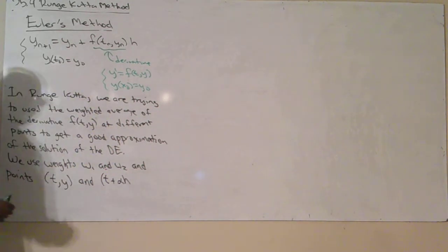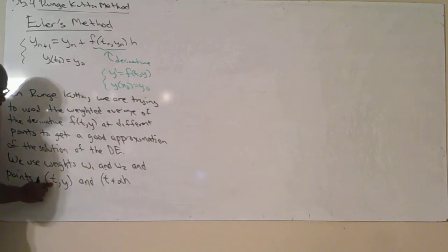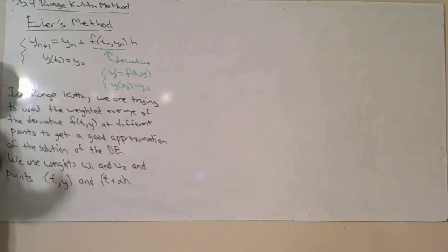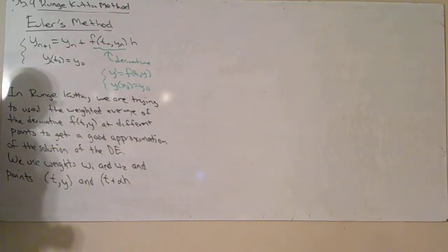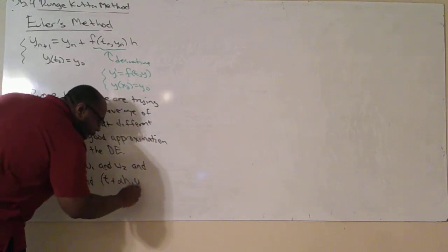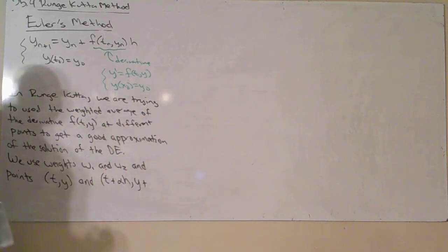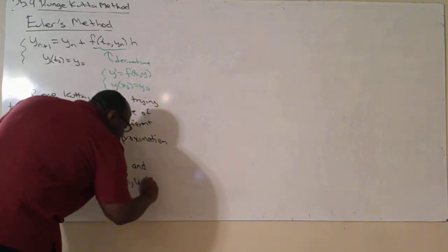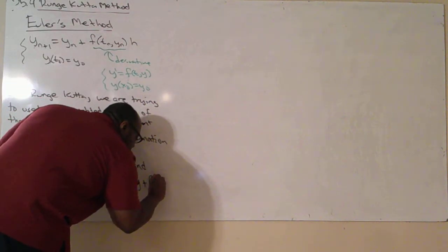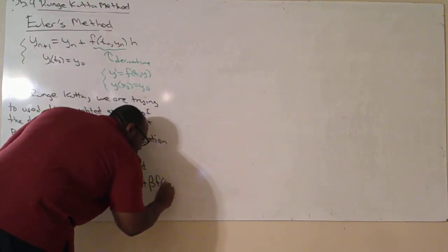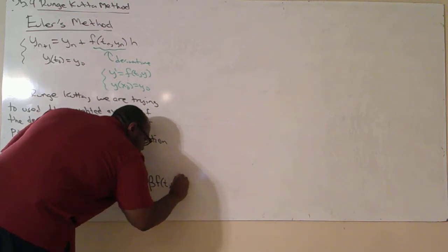So we're essentially going to perturb, going a distance of alpha h away from t, comma, y plus, and here is where this gets interesting, beta f of t, y times h.